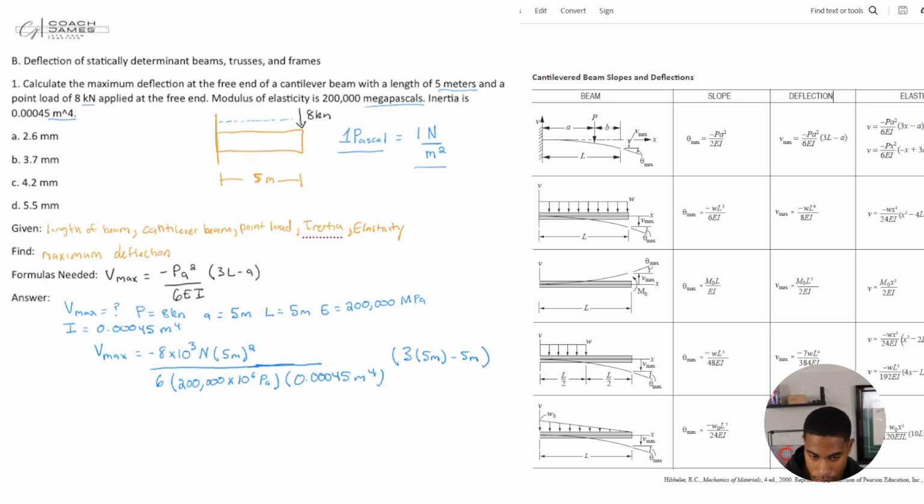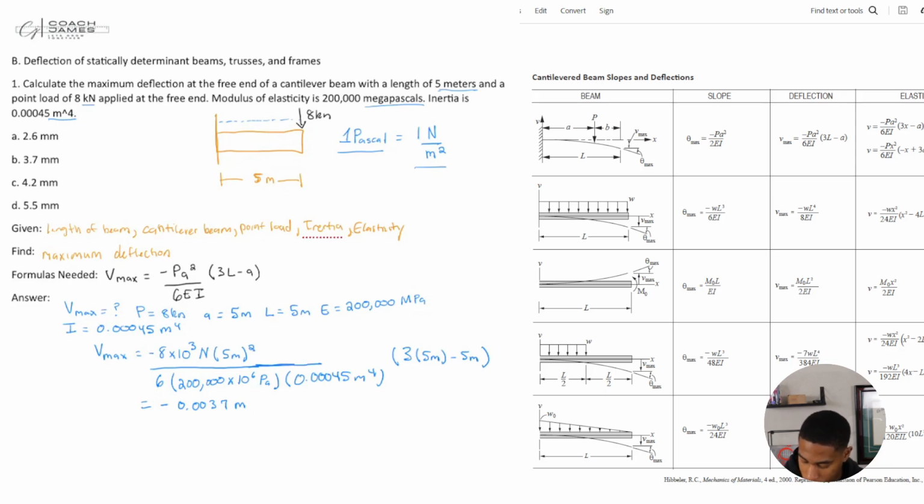All right. And when I plug and chug everything in, I get negative 0.0037 meters, right? Okay.